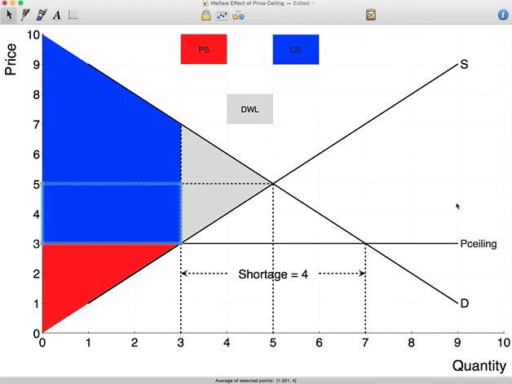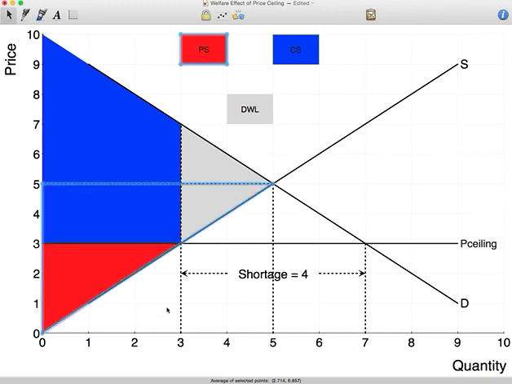It becomes consumer surplus because consumers are made better off because the price falls from $5 to $3. So the individuals who can still purchase this item at $3 are generating additional consumer surplus. On the other end of this, the producers are made worse off.